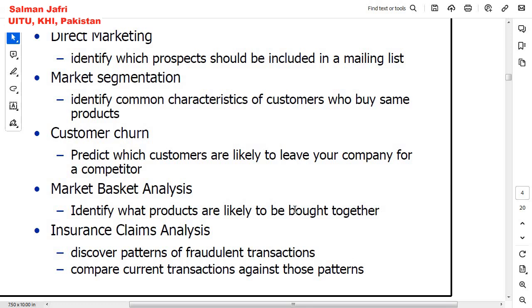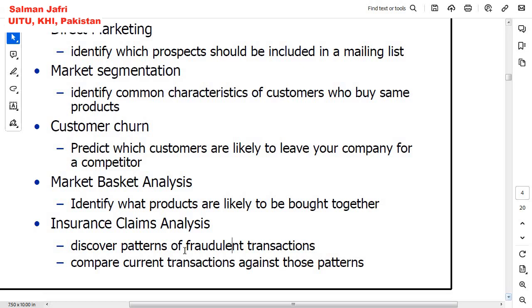So this is basically the result of market basket analysis. So we can have insurance claim analysis: discover patterns for fraudulent transactions, and compare current transactions against those patterns. So we can find out which are legitimate or valid transactions, and which transactions are invalid or fraudulent, right?